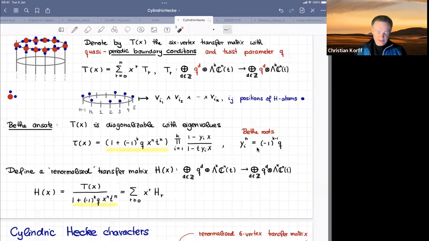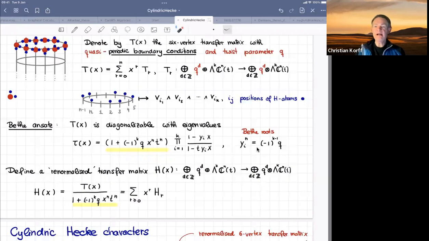So I divide by this, and one way of looking at dividing by this is to look at it as a geometric series. Once I write this as 1 over 1 plus minus 1 to the power k, q to the x, and tn, you can write this as a geometric series. And this is just a factor which arises from going several times around your cylinder.